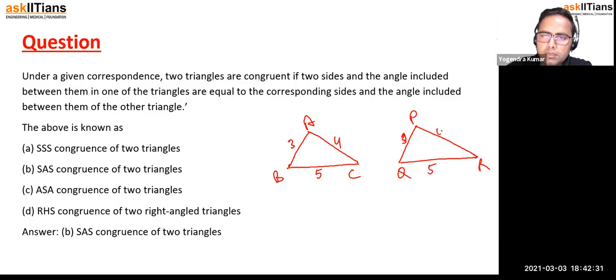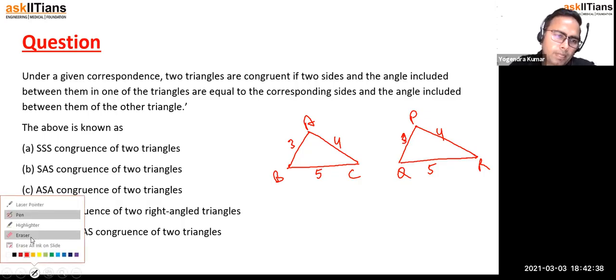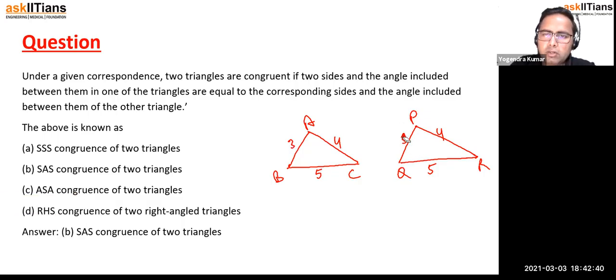This is 5, this is 4. So their corresponding sides are equal. So what is the congruency they are having? Are they going to cover each other, or superimpose each other, or not? Yes, because they are of exactly the same size, right? So they are going to cover.